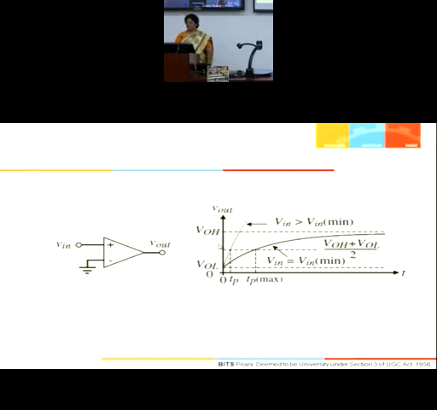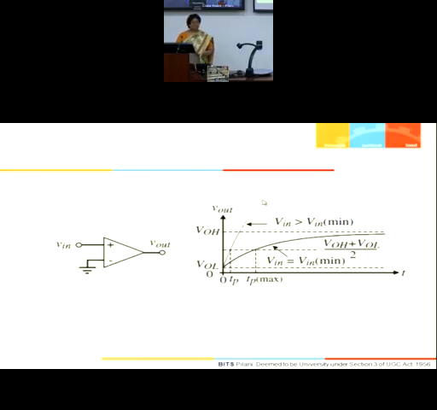Look here. This is the output changing from VOL to VOH, and this is on the time axis. You will get a high output when Vin is more than Vin min. So slowly your output will charge. Can you see? Depending on the K factor, output either charges this way, or this way, or this way.